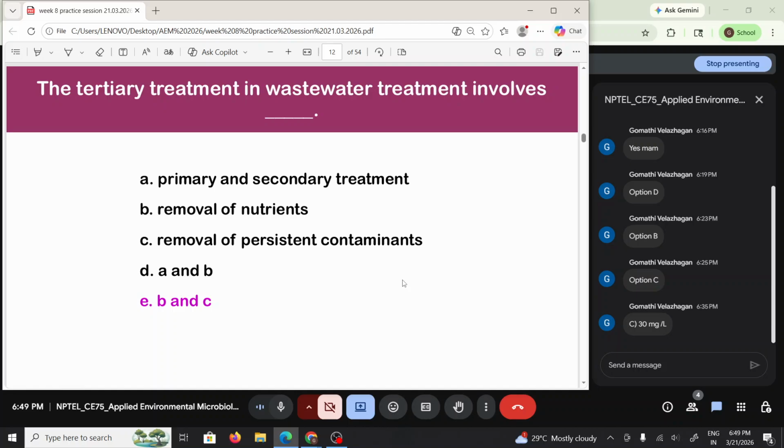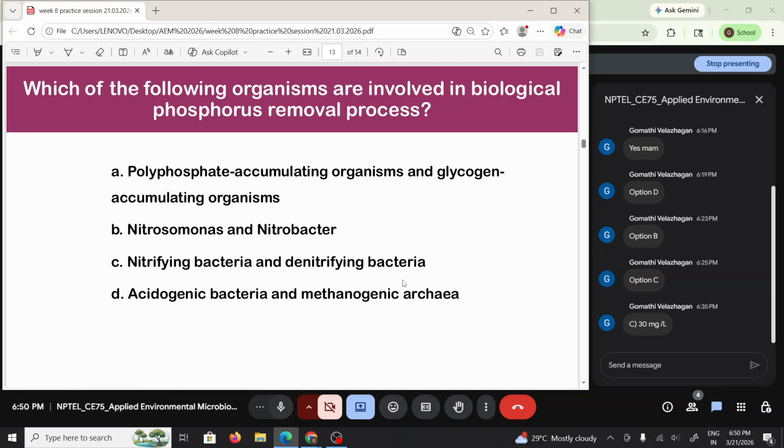Adsorption we use, some amount of filtration, disinfection we use. All of these come in the tertiary treatment. So both B and C, the removal of nutrients as well as the removal of persistent contaminants, come in the tertiary treatment of wastewater.